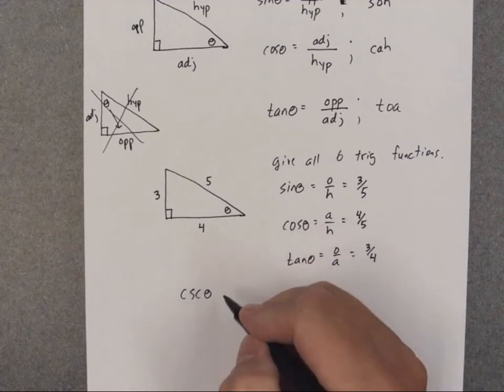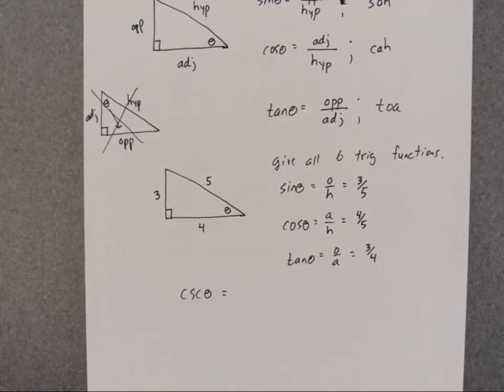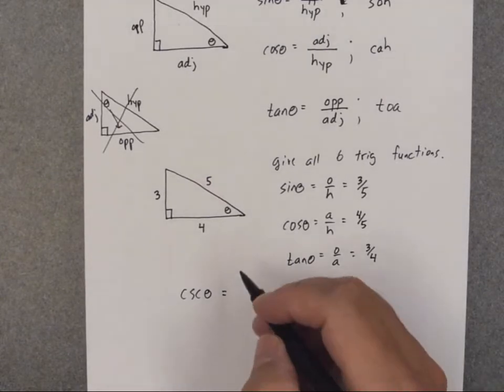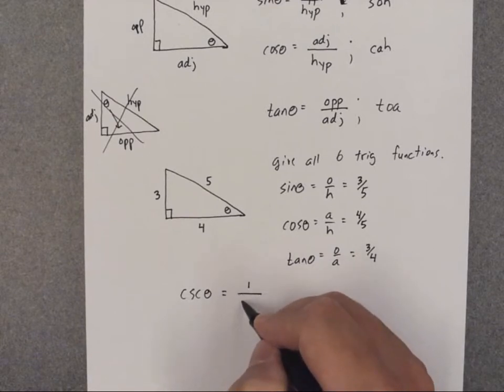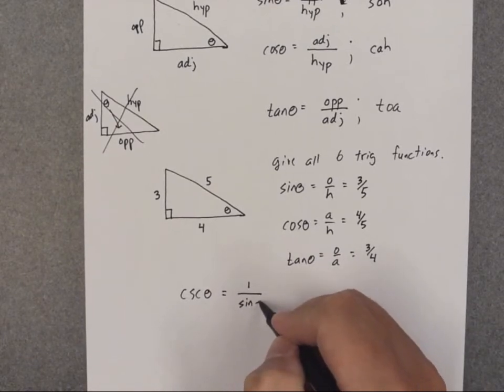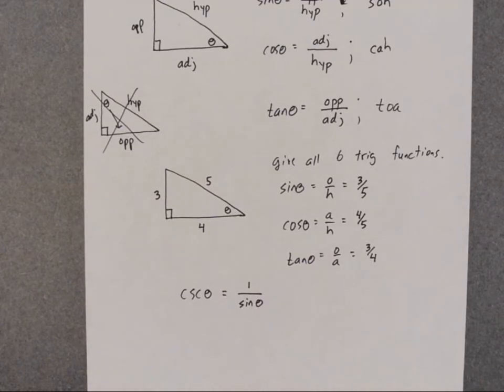As it turns out, the cosecant of theta is really just the inverse, or maybe we can think of it as the opposite, of the sine of theta. The way we write that mathematically is we say the cosecant of theta equals 1 over the sine of theta.